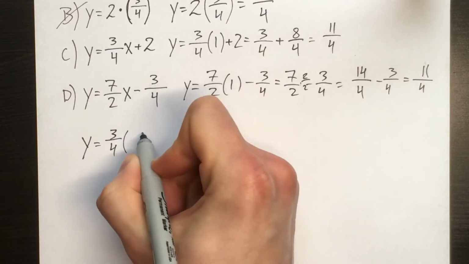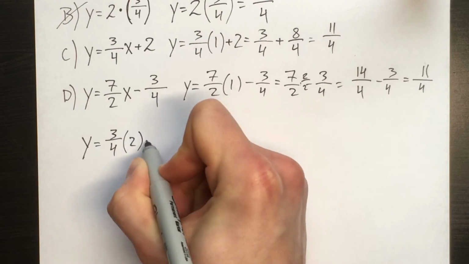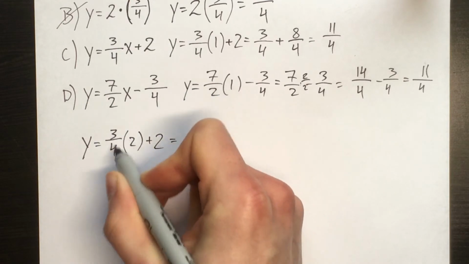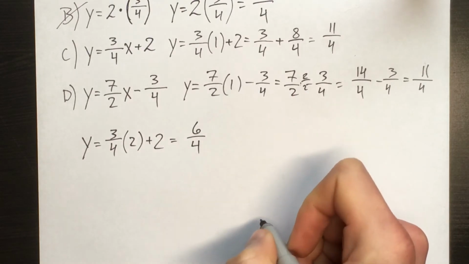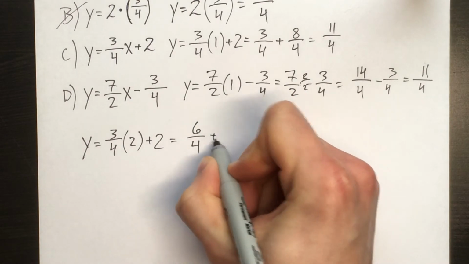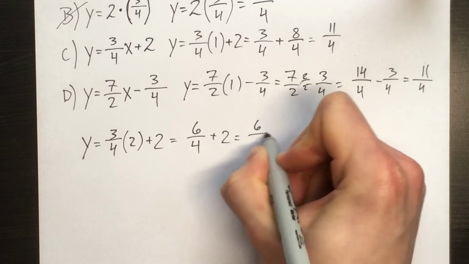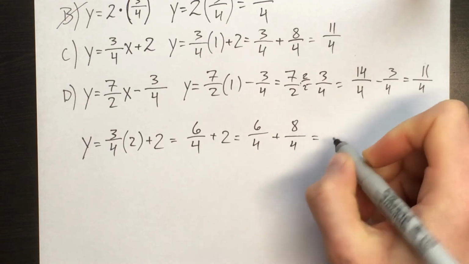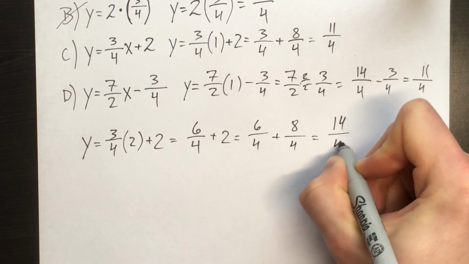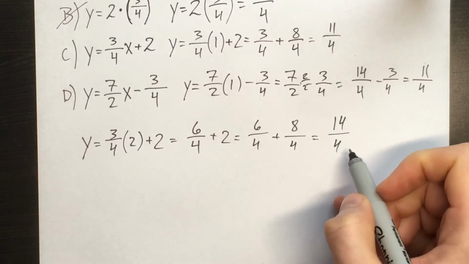So it'd be 3 over 4 times 2 plus 2, right? So 3 over 4 times 2, that's 6 over 4. 6 over 4 plus 2 is 6 over 4 plus 8 over 4, so that's equal to 14 over 4, which is not 25 over 4, which is what we need.